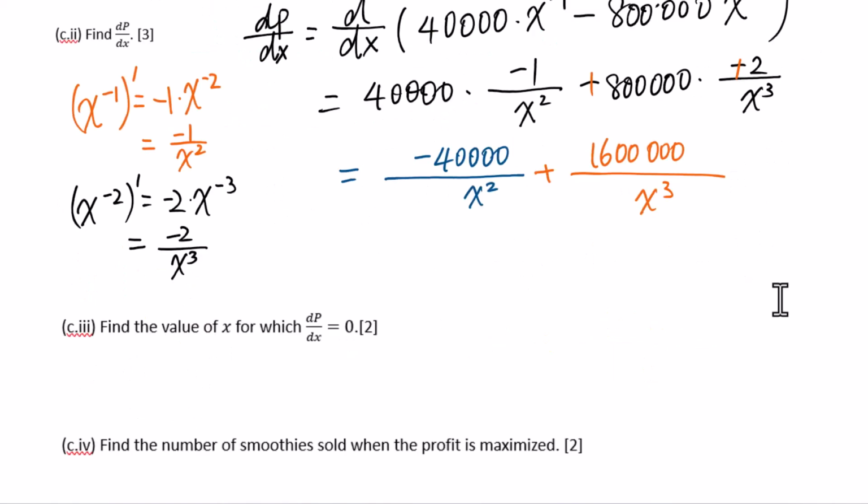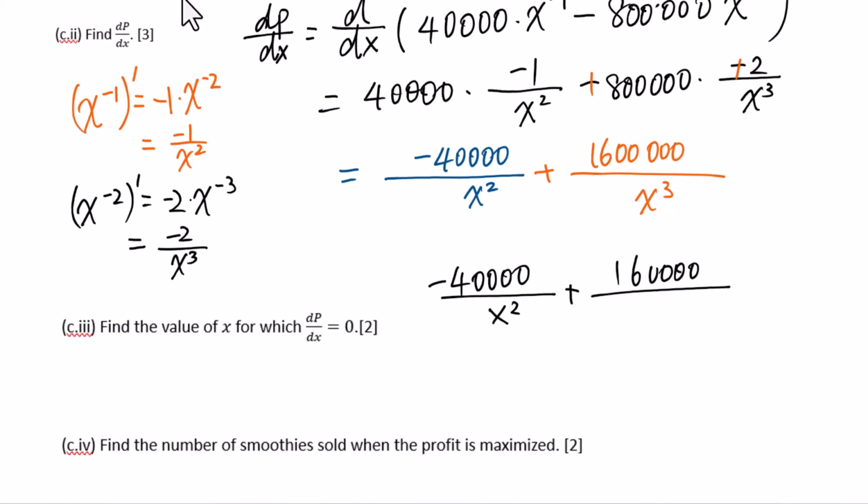C3. Find the value of x for which dP/dx equals 0, which means negative 40,000 over x squared plus 1,600,000 over x to the third power equals 0.